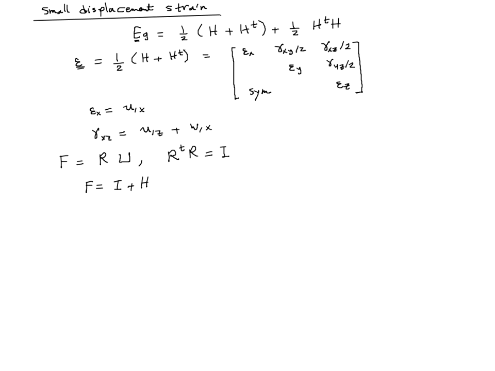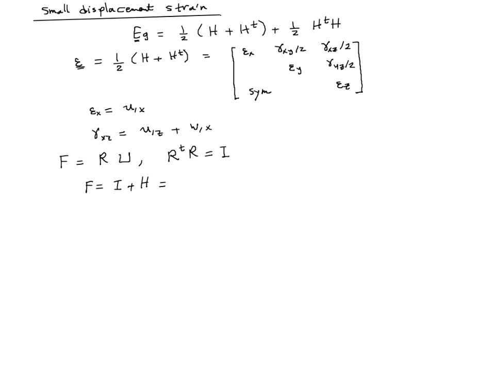So this would mean that R is also unity and U, the stretch, is also unity, no stretch. So what this would mean is that if F is close to unity, then R will be close to unity matrix and U will also be close to unity matrix.